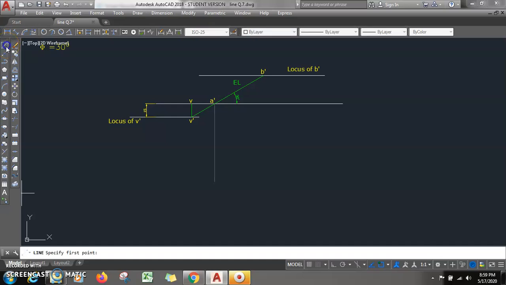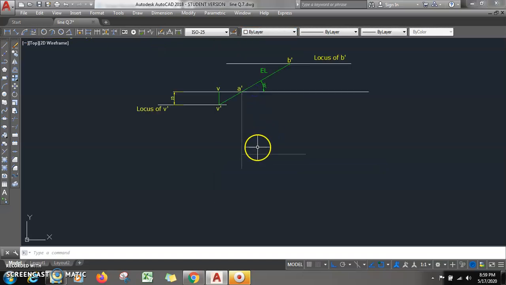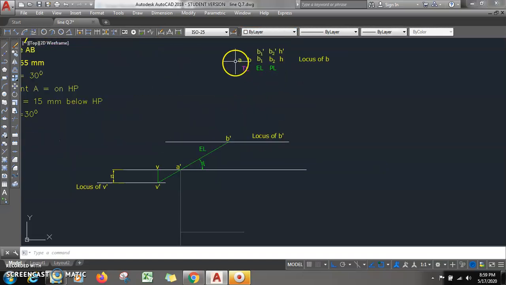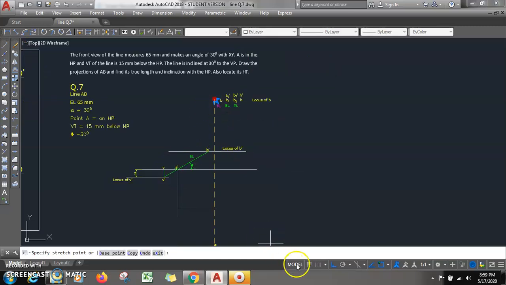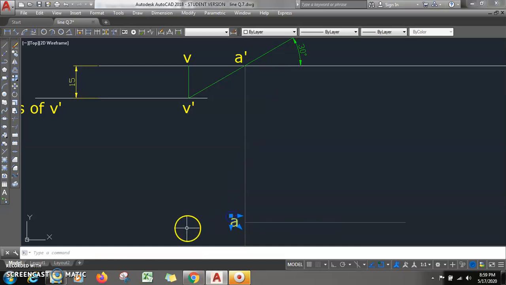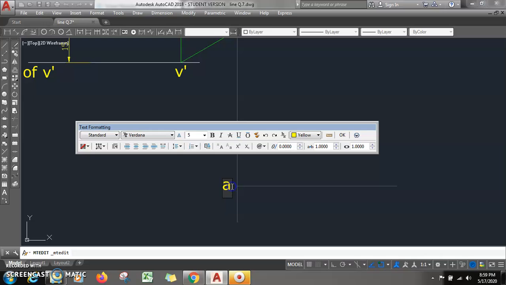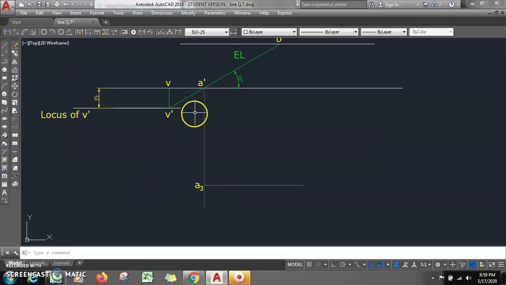Let us assume point A somewhere below, somewhere here. Let us say this is point A. This is not the final location, so let us call it A3.